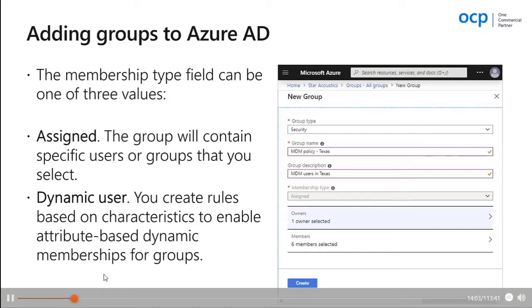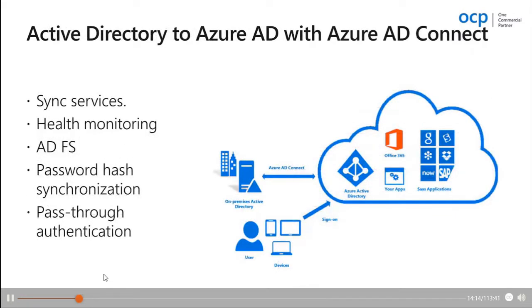So you belong or not, depending on that property that you have in your user profile. I'll just give you an example of a single property, but it can be more than one. You can have multiple properties making the rule.